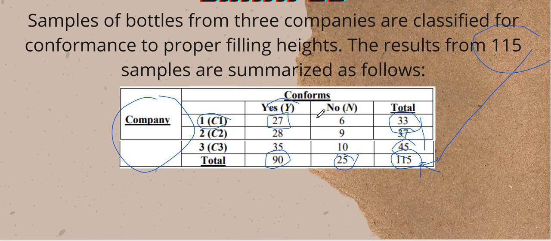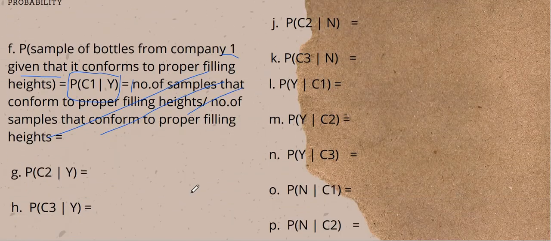So the value is 27, not 33. 33 is just for C1, it's not related with the conform part. But the 27 here is related, C1 is dependent on this Y. So the answer here should be 27 over, okay, 27 over what?